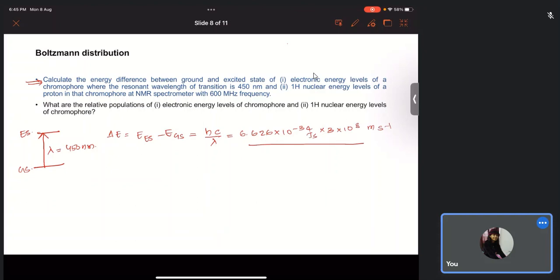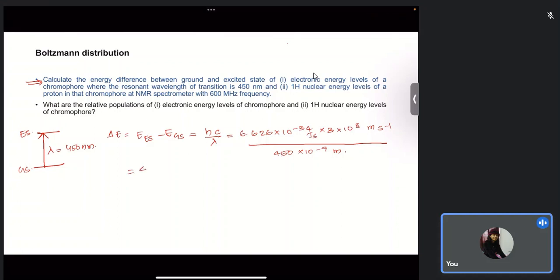Lambda is 450 nanometer, so 450 into 10 to the power minus 9 meter, since 1 nanometer is 10 to the power minus 9 meter. When you do the math, it will come to 4.4 into 10 to the power minus 19 joules.